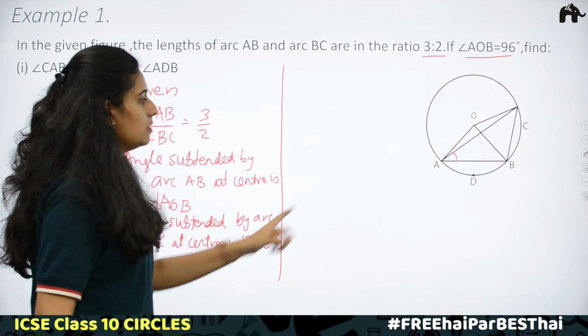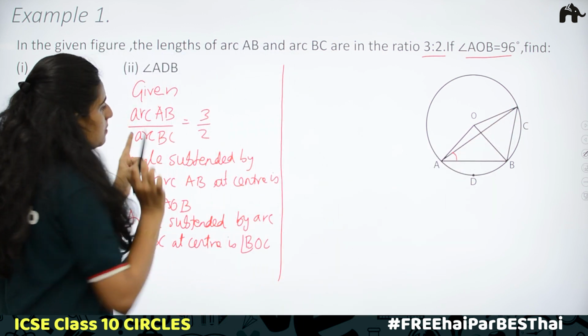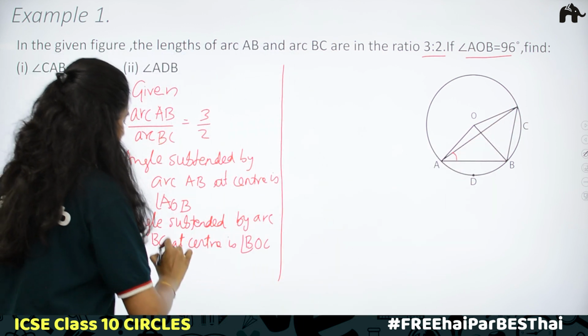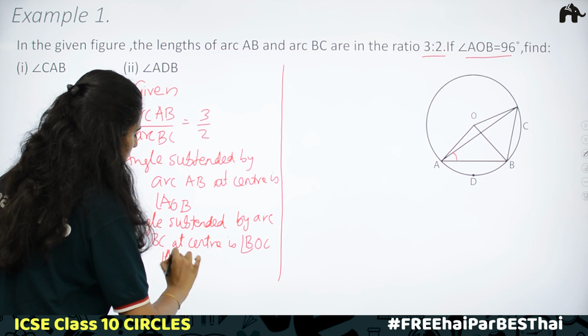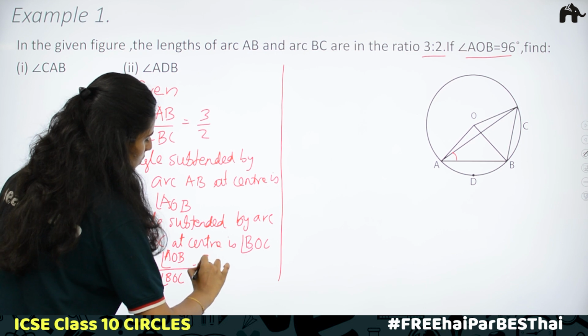Then what is the relation between AOB and BOC? Arc AB by arc BC is equal to 3 by 2, which means angle AOB divided by angle BOC is equal to 3 by 2.